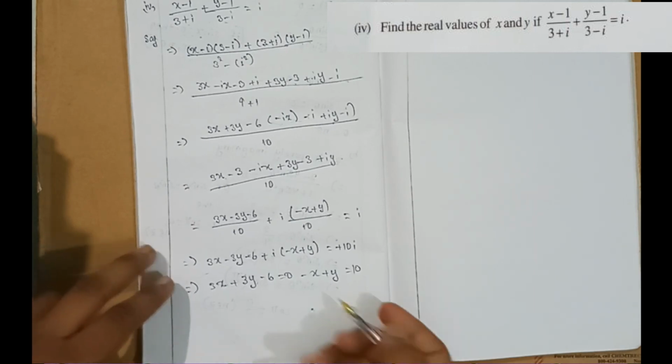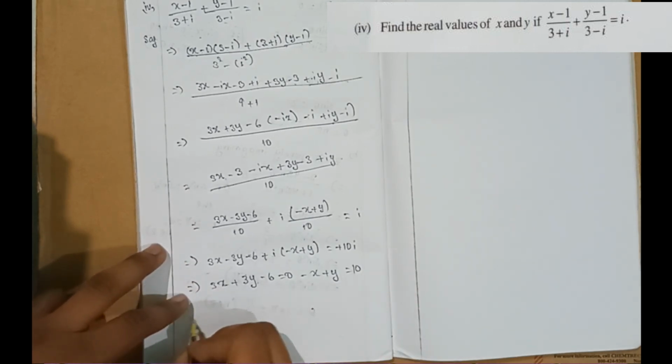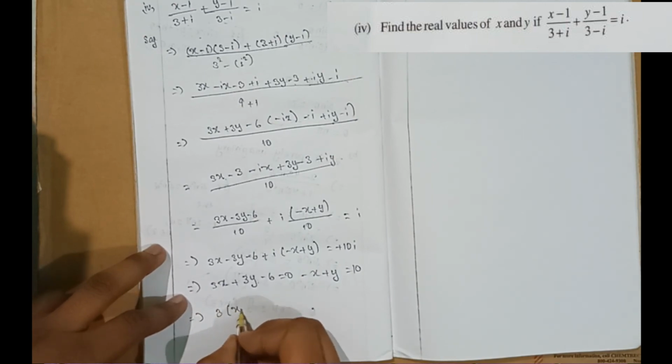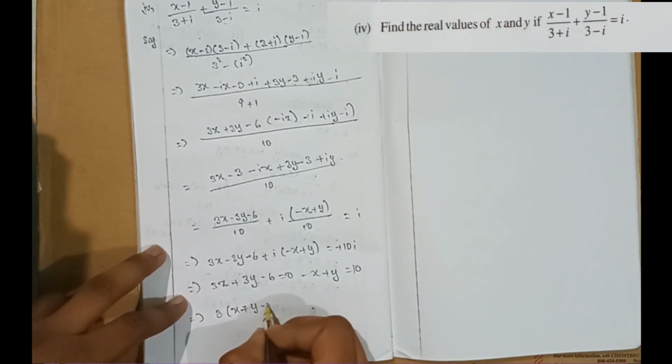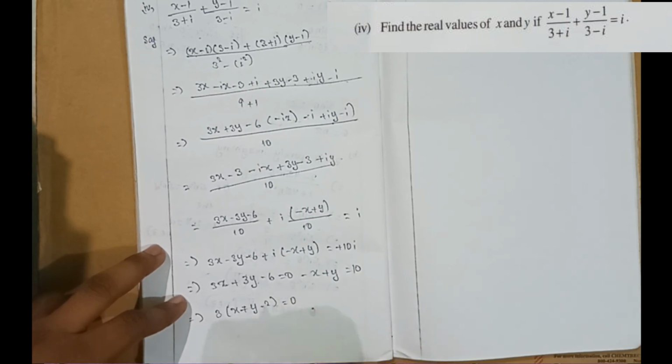If we take 3 common here, we will get x plus y minus 2 equal to 0.